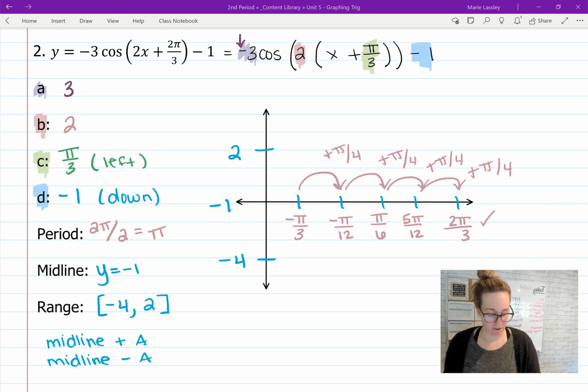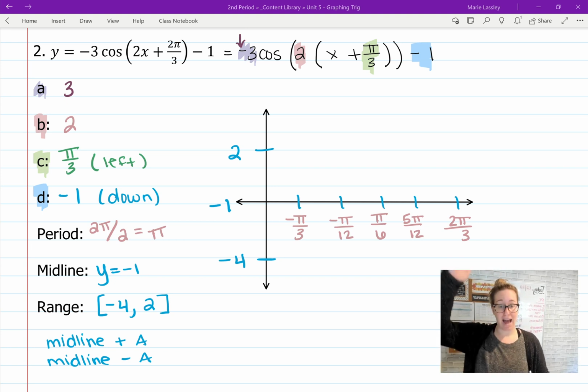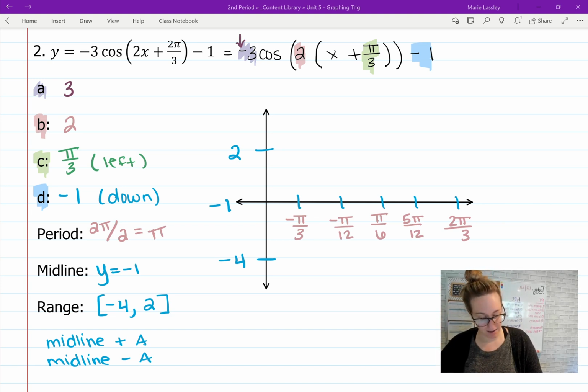Good stuff. Now I just need to plot my points. Since this is cosine, cosine usually starts at our max value, right? But since it's negative, I know that it's going to be reflected upside down. Since we have that minus 3 out front, I'm actually going to start at my minimum value, which is negative 4.